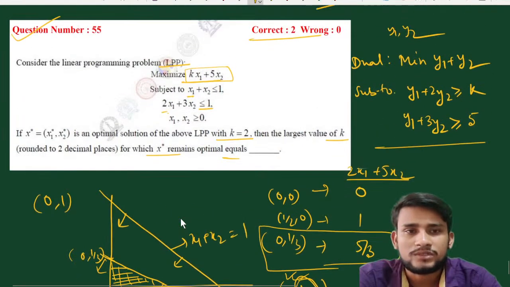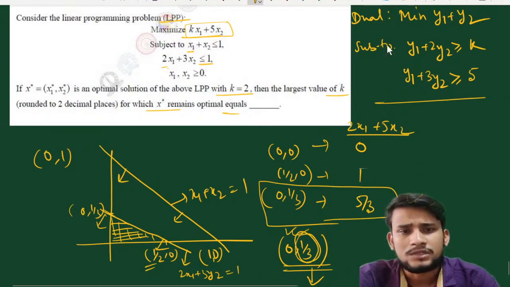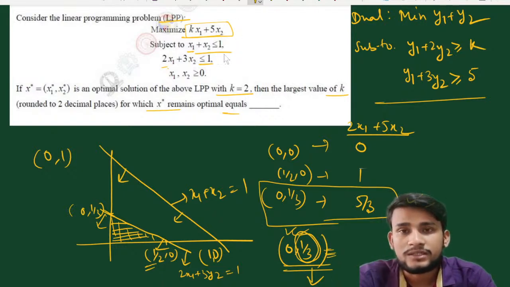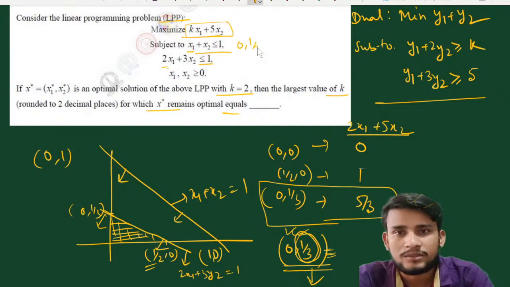And one more thing is that we now put this value into the constraints to check whether the constraint satisfies the strict inequality or not. If we put 0, 1 by 3 into the first constraint, this gives 0 plus 1 by 3, strictly less than 1.